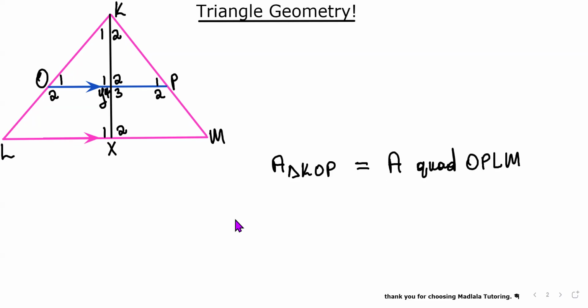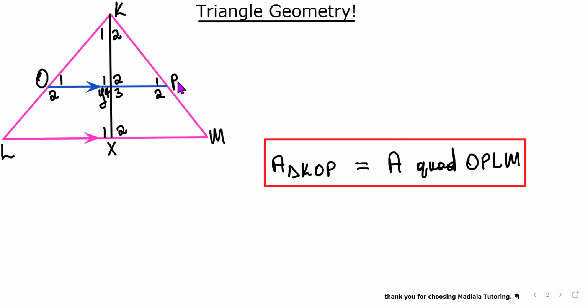Well, this is really important, so let's not forget this. Yes, OP is parallel to LM such that the area of triangle KOP, what is KOP anyway? It's this smaller triangle which is blue.